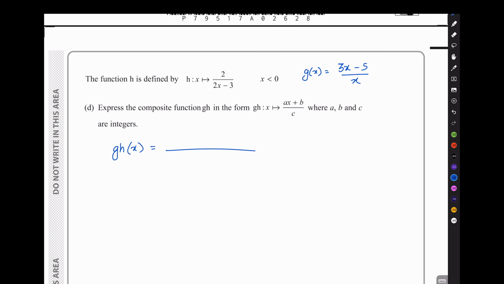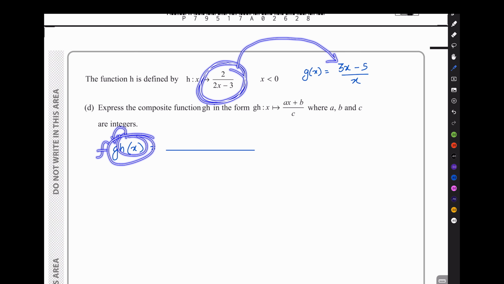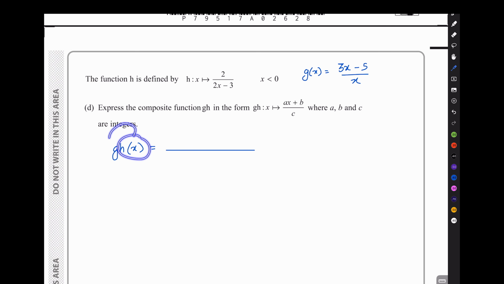So basically, I have to insert the entire function of h inside g. And if there were, for example, f, then the entire thing would go inside f. That's how we go from right to left. So h inside g, and I have to replace every single x with h.